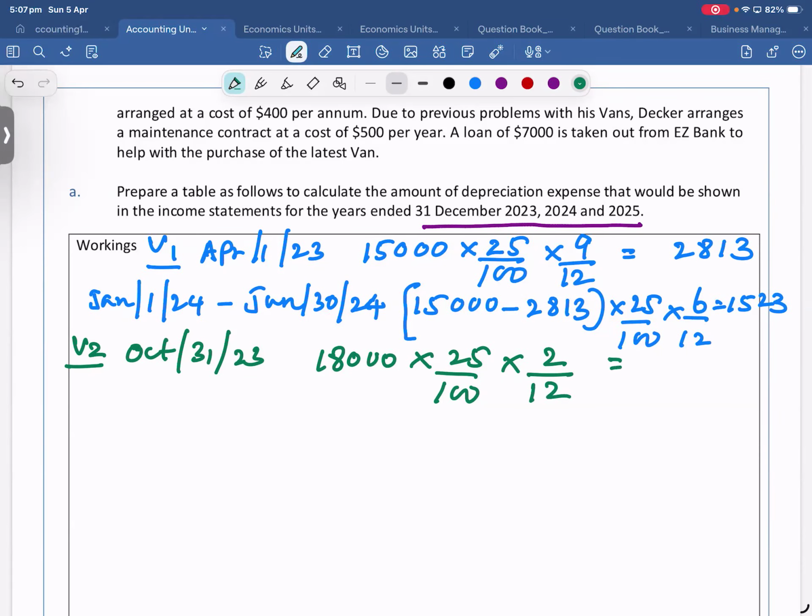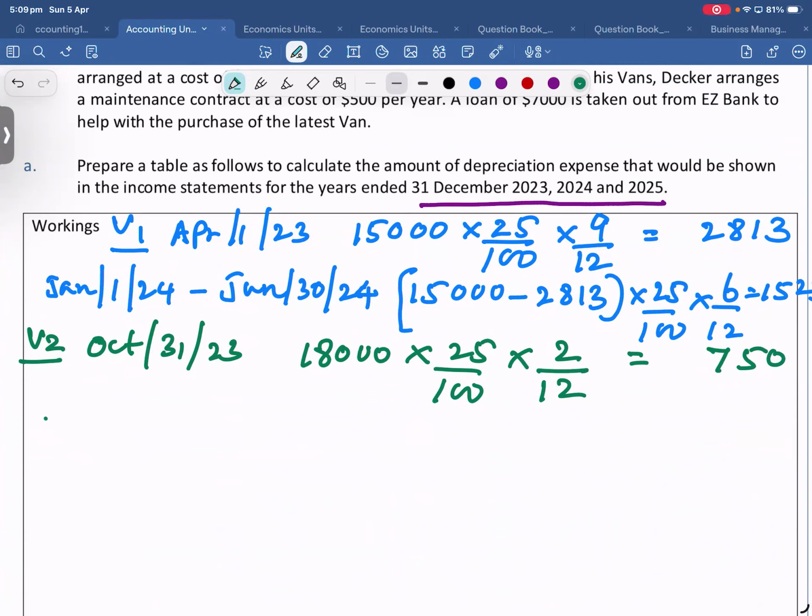Any questions up to here? Okay, guys, now we are going forward with van 2, probably until 24 and 25. So this one we are going to do from January 1st, 24 to December 31st, 24.